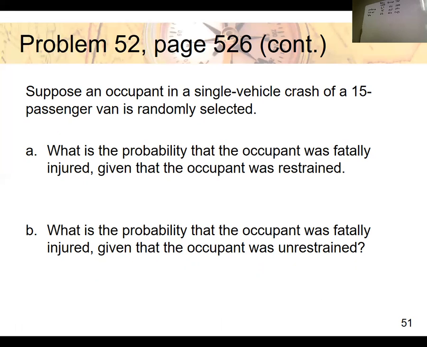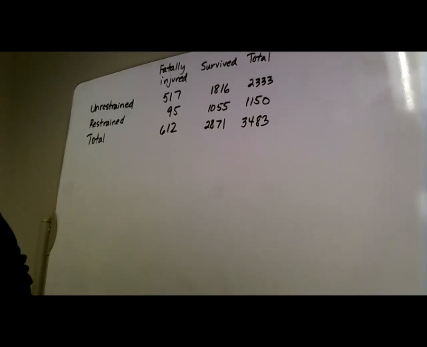We want to know what is the probability that the occupant was fatally injured, given that the occupant was restrained. And then part B, what is the probability that the occupant was fatally injured, given that the occupant was unrestrained? Okay, this two-way table is going to help us answer these questions.